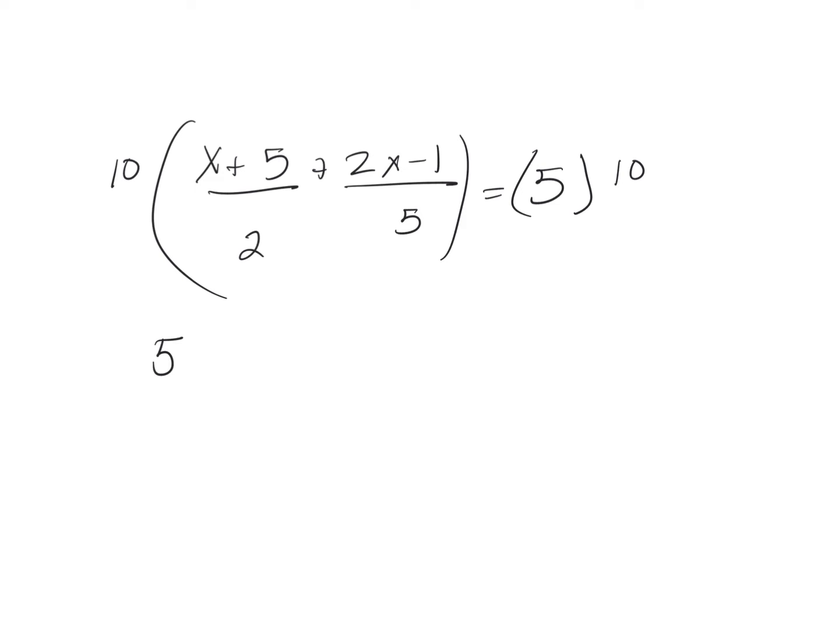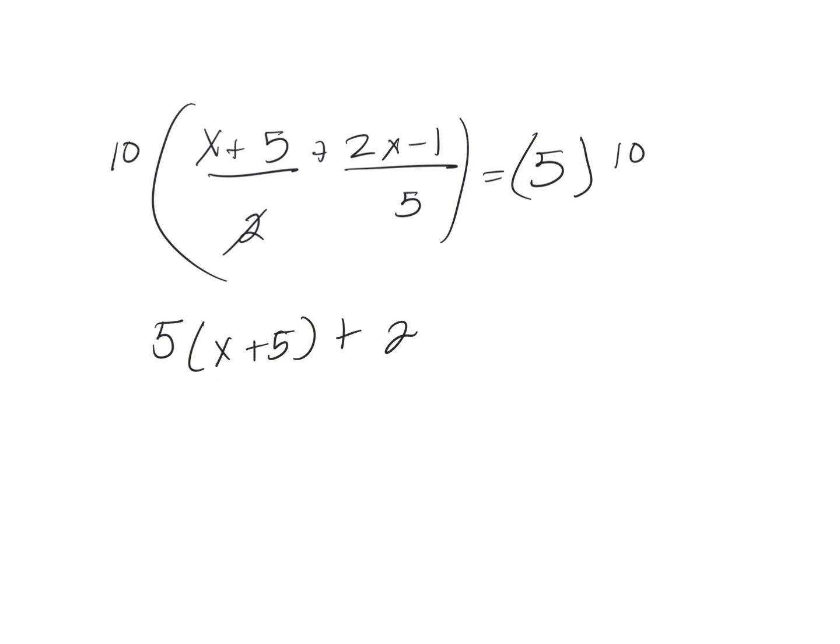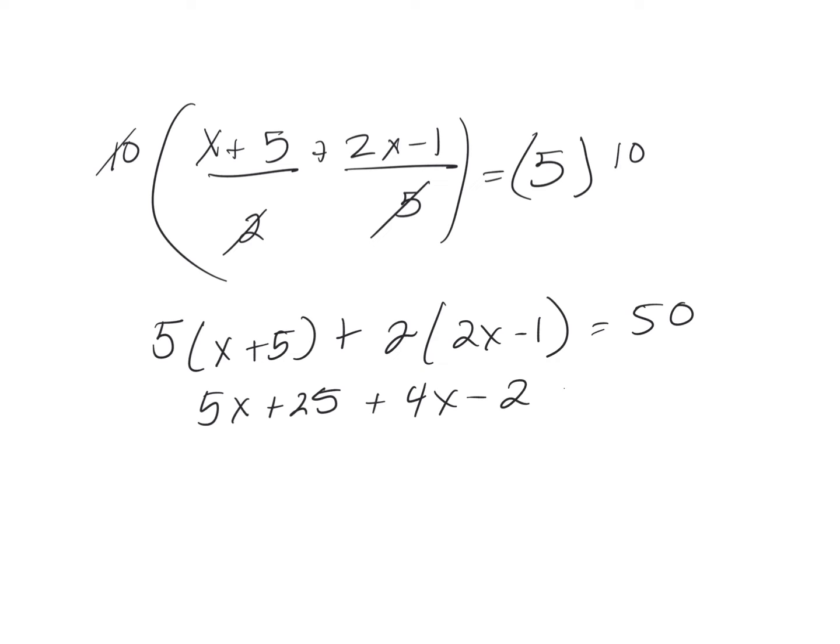That leaves me with the 5 here, cancel, leaves 5, and a 2 here, cancel, leaves 2. And now I'm going to distribute. Collect like terms.